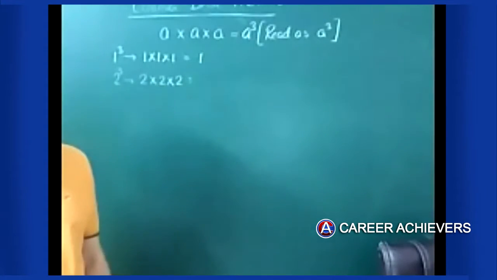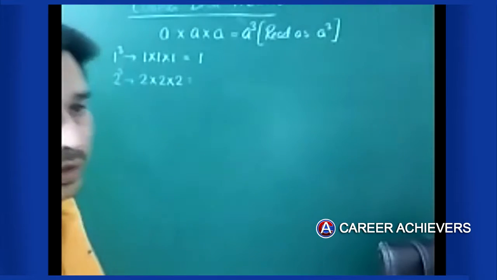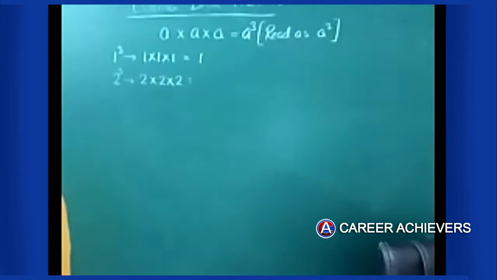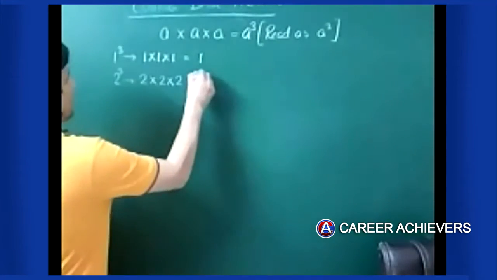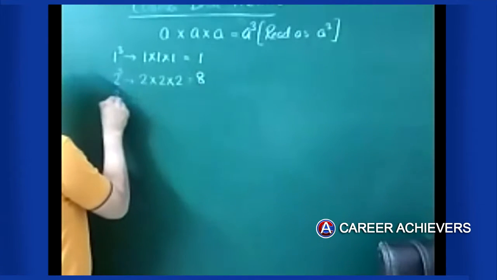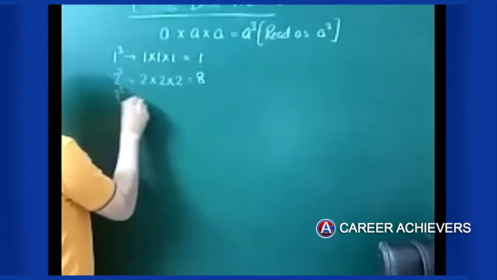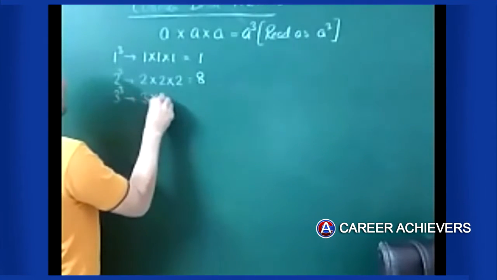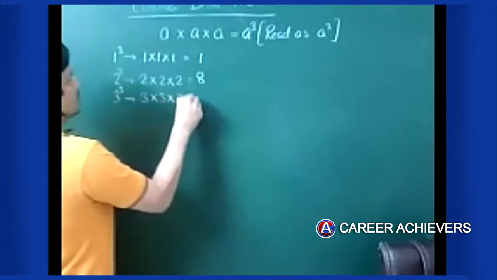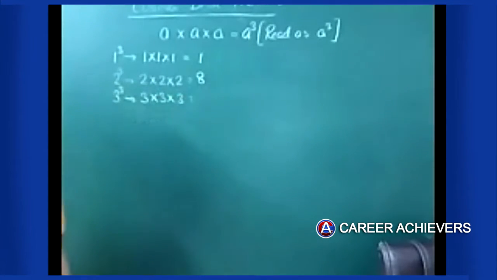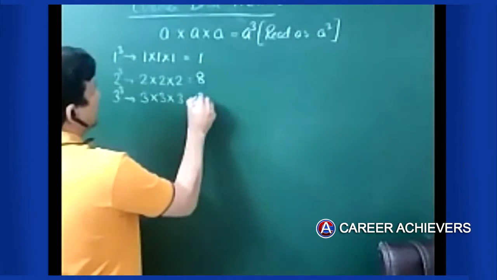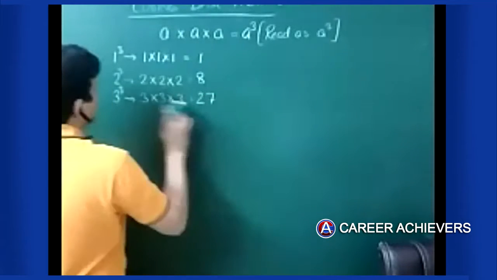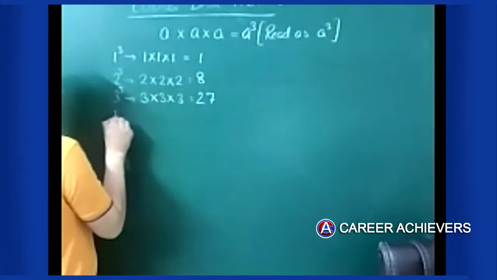You can tell me. 8. 8 is correct. Okay, 3 cube. 27. Correct. 3 cube is 27. 3 times 3 times 3 is 27.